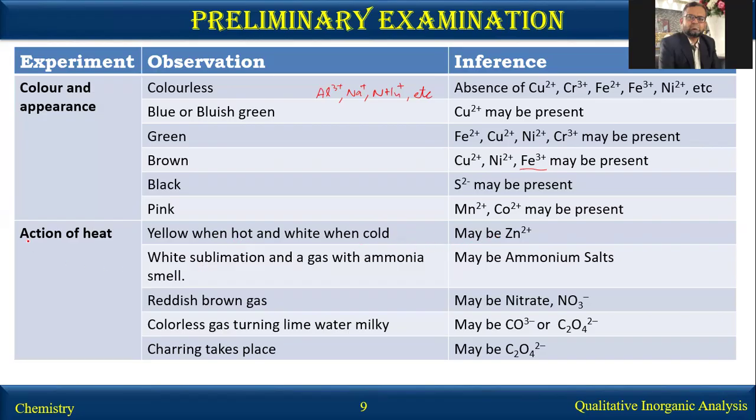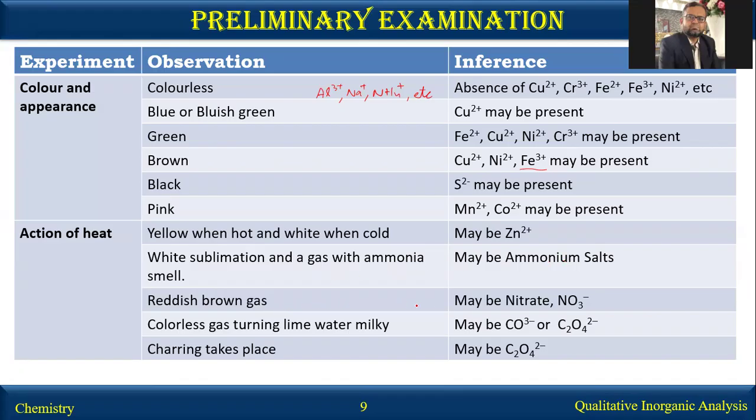And usually, remember that action of heat is not performed at intermediate level, but at graduation level, we perform this as well. If white sublimation is there, then there could be an aluminum or magnesium salt. And with ammonical as well, then there would be ammonia.